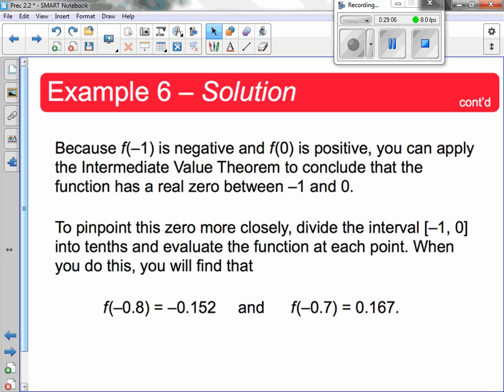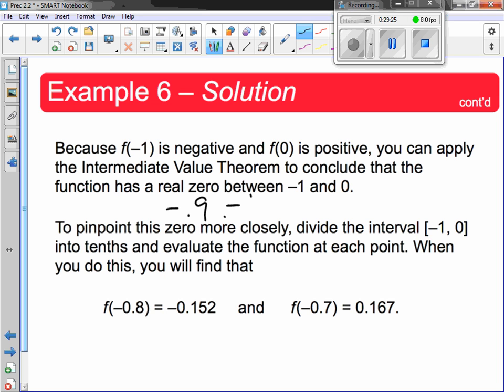So let's close the window. To pinpoint the 0, let's divide the interval into tenths and evaluate the function at each point. So that means we're looking at not just these here, but plugging in -0.9, -0.8, -0.7, -0.6, divided into tenths.